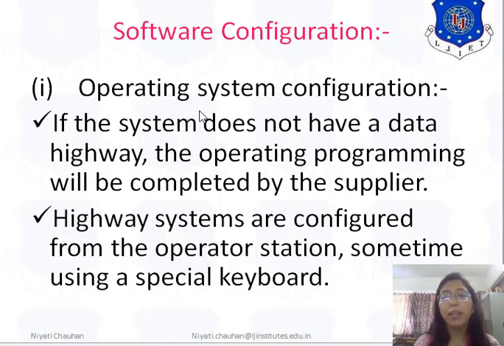It means in operating configuration, the supplier does not apply a data highway, right? So in this type of system, operating programming will be completed by the supplier, which is mentioned in the first point. So this type of configuration is known as operating system configuration.